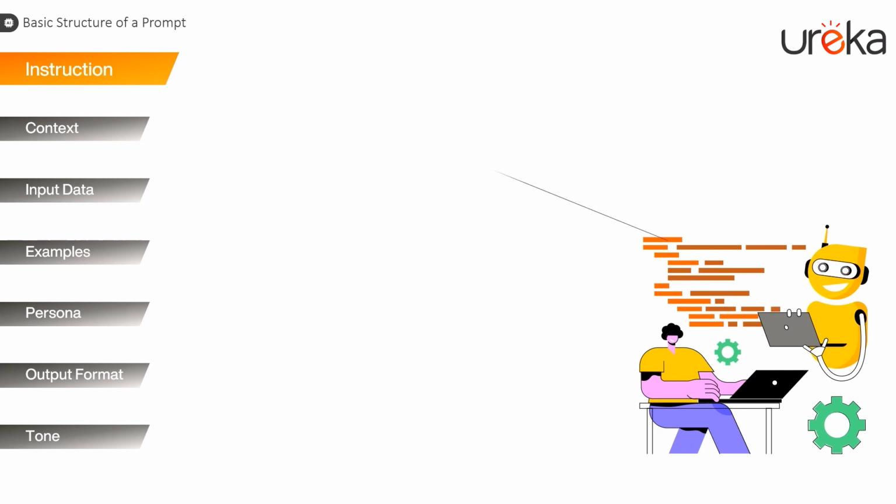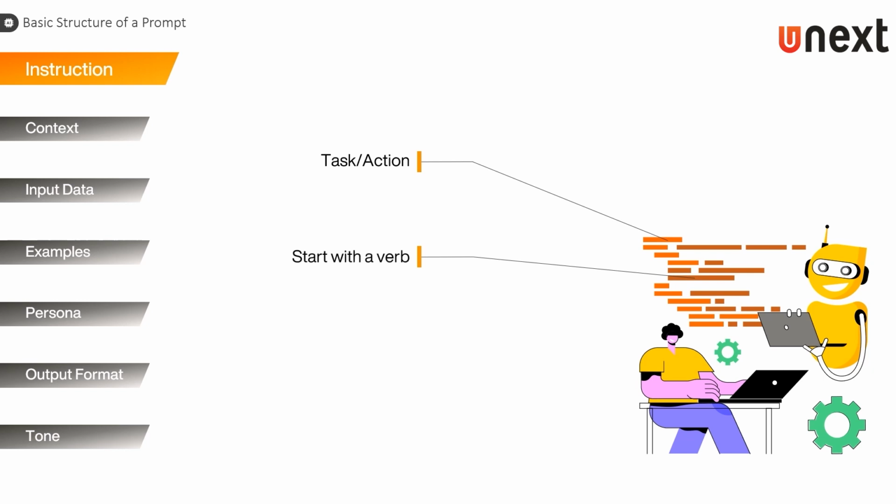Instruction is the task that is assigned to the large language models like ChatGPT or Bard through the prompt that we write. Always start the instruction sentence with a verb like generate, create, build, write, differentiate, etc. The instruction should be clear, stating what you want the model to do.